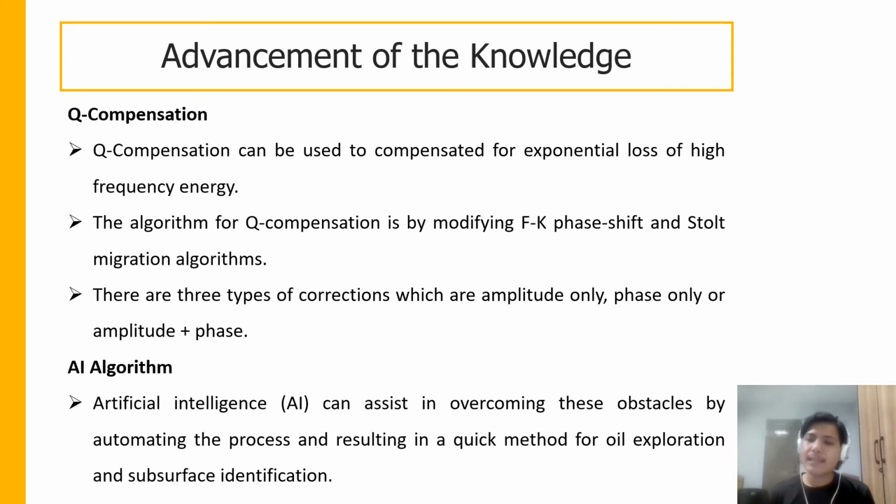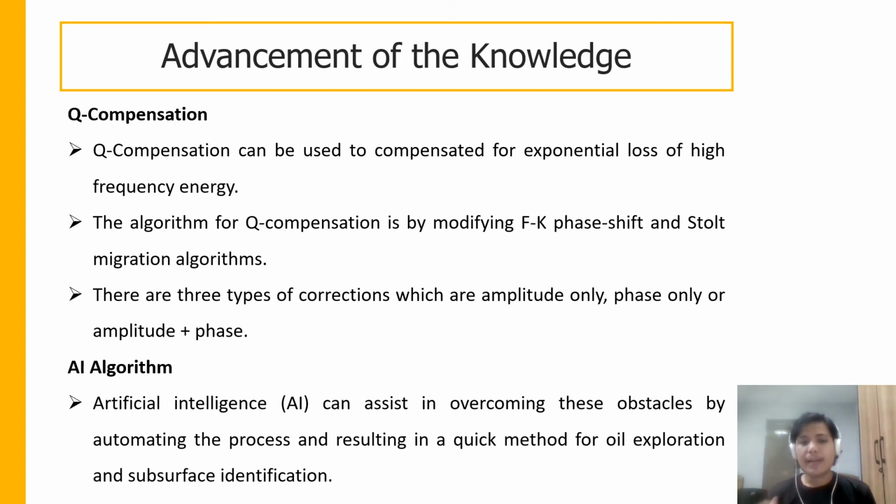As we discussed earlier, due to gas cloud presence, some of the frequency energy is lost, causing misinterpretation of the subsurface and also misinterpretation of the location of the gas itself. So by using Q compensation, we can compensate for the lost energy and make for a better interpretation.